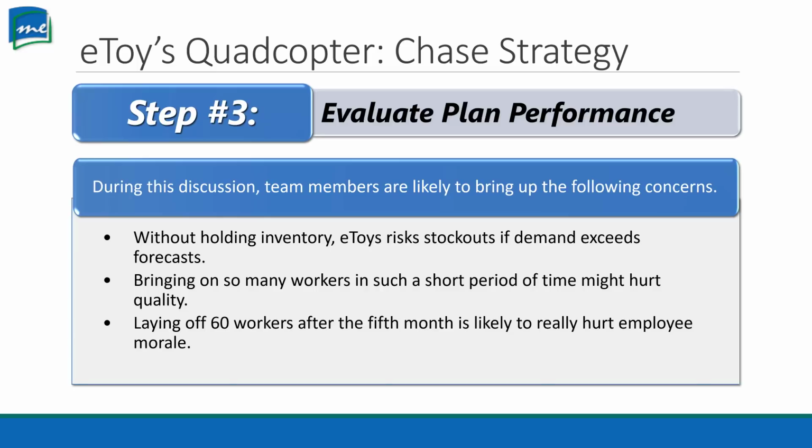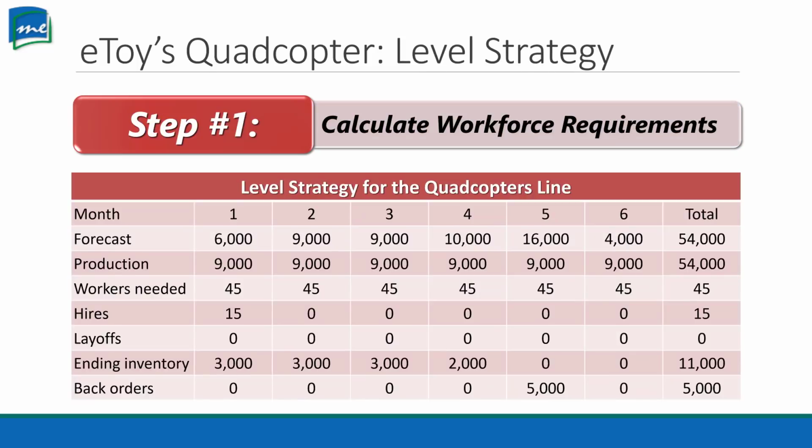Well, what about the level strategy? So we're using the same forecasting, but we're going to produce at 9,000 units per month. So we're going to overproduce some months and underproduce other months. We're still going to produce the same number overall. 54,000 units is what the forecast is, and overall our production is going to be 54,000 units.